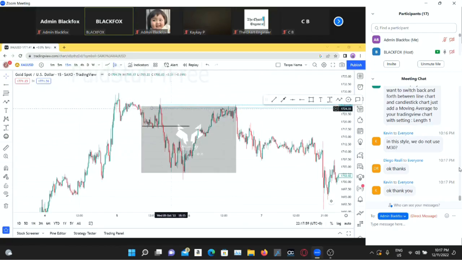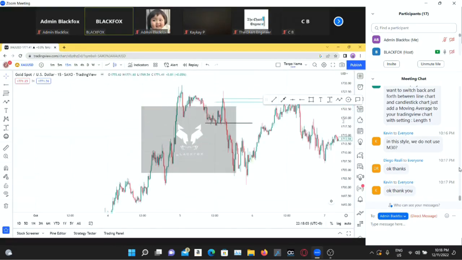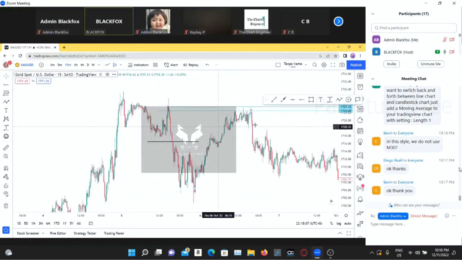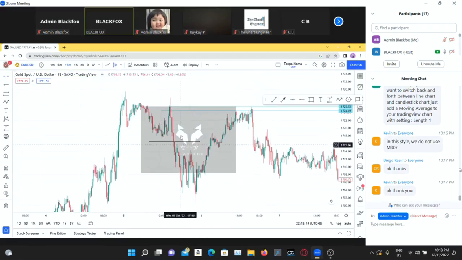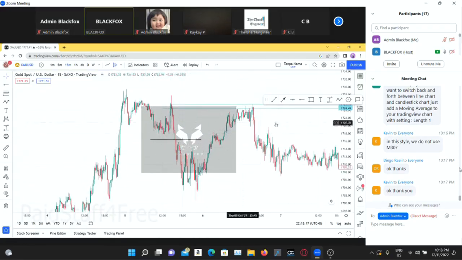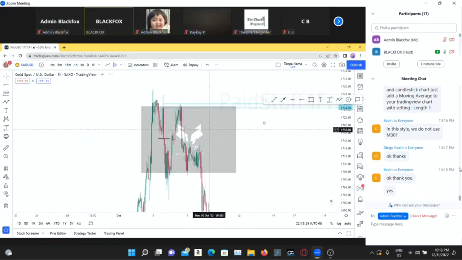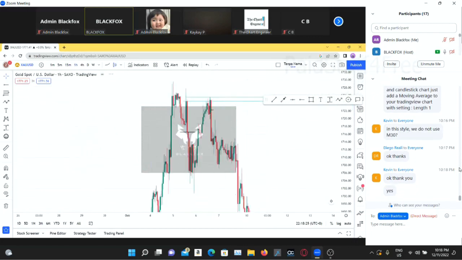If you want to take the first entry, just put your sell limit. I use sell limit. If you want instant entry, later I will teach you how to do instant using confirmation. Is this clear for breakout setup?